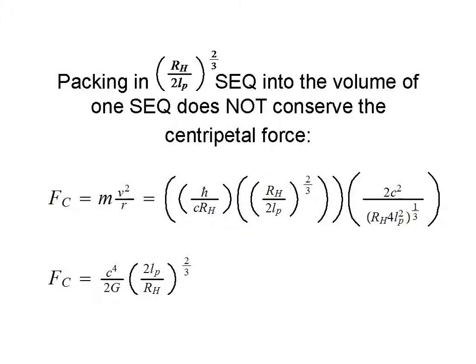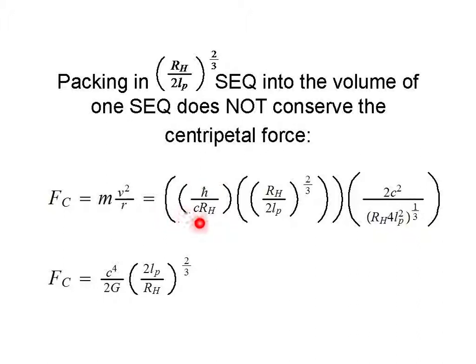Packing in r sub h over 2lp to the 2/3 units of SEQ into the volume of 1 SEQ conserves angular momentum, but it does not conserve the centripetal force. F sub c, our centripetal force, is equal to mass times the angular acceleration. And the brackets here is the mass.